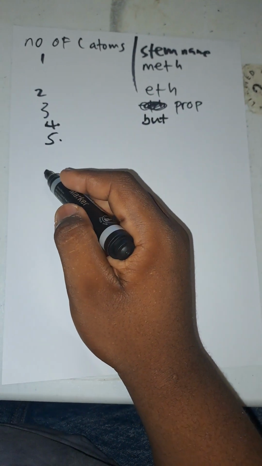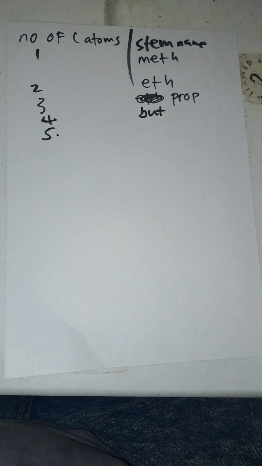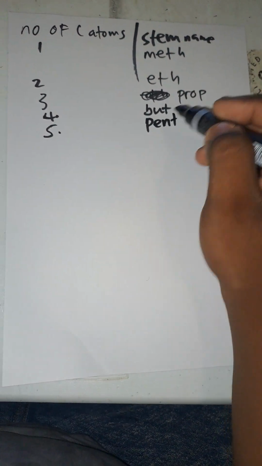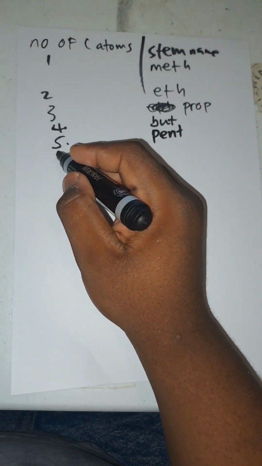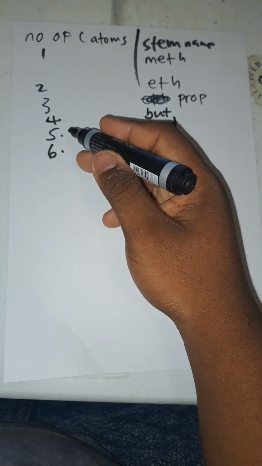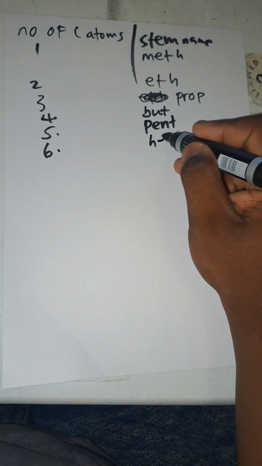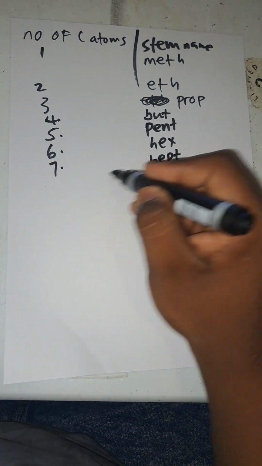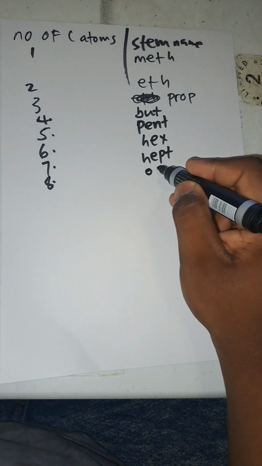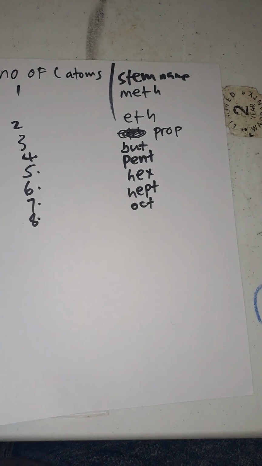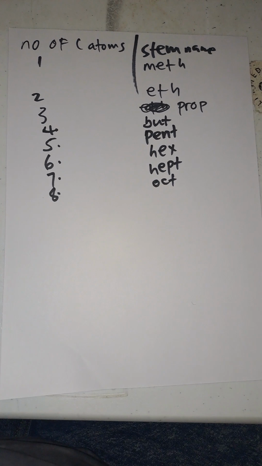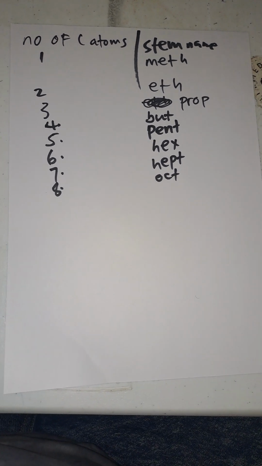When you have 5 carbon atoms, it is pent. When you have 6 carbon atoms, it is hex. Then 7 carbon atoms, hept. 8 carbon atoms, oct. There are also non and dec, but we end at 8 carbon atoms.